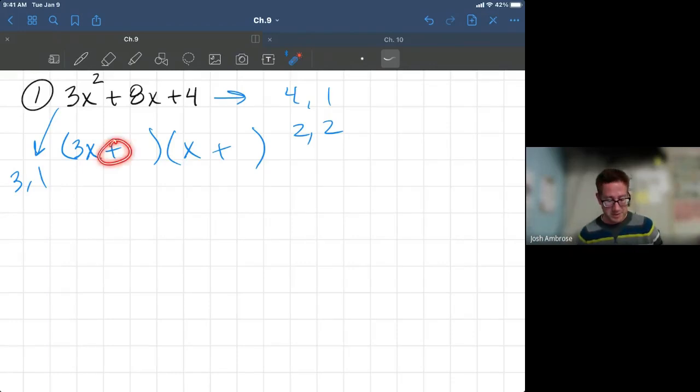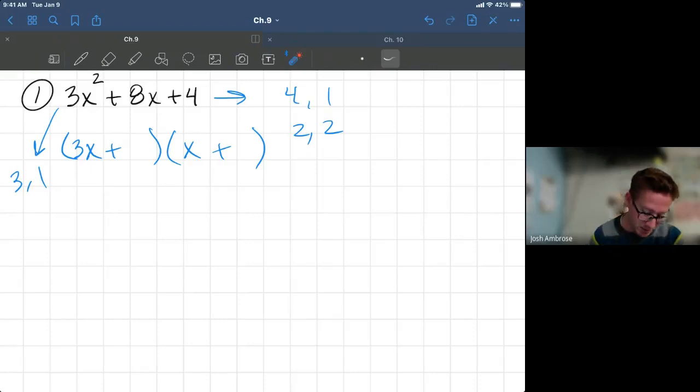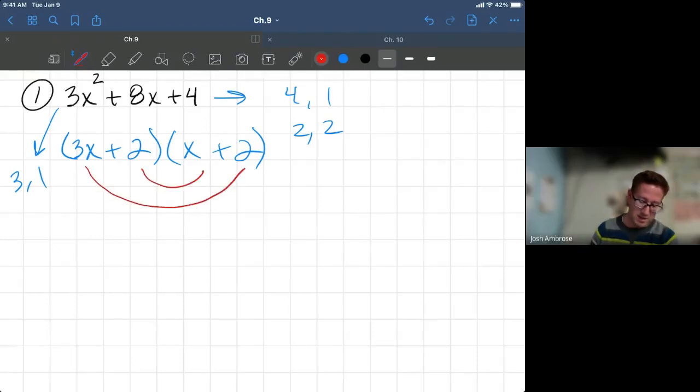Both signs have been taken care of. They're both plus signs. Now let's test it with a 2 and a 2 in our second spot. That's coming from these guys right here and plugging them in here. And what did I say? Check every answer and check it by doing a double smiley face. What is 2 times x? 2x. All right.